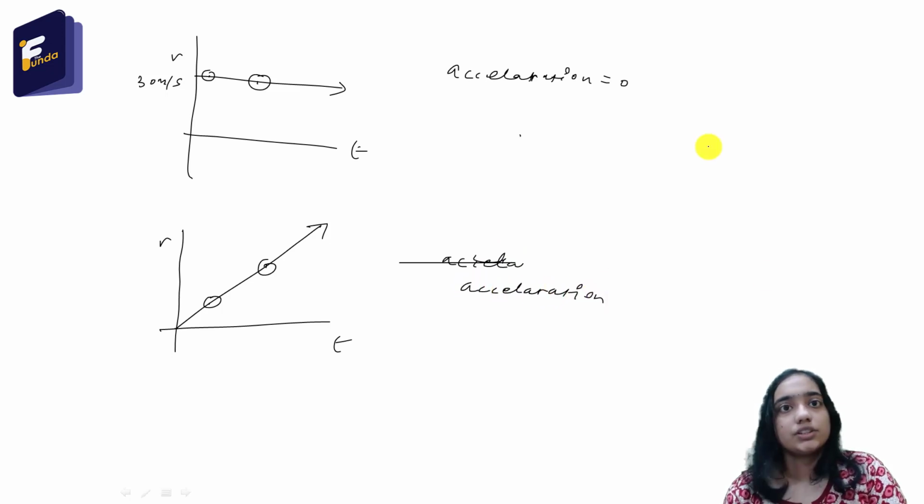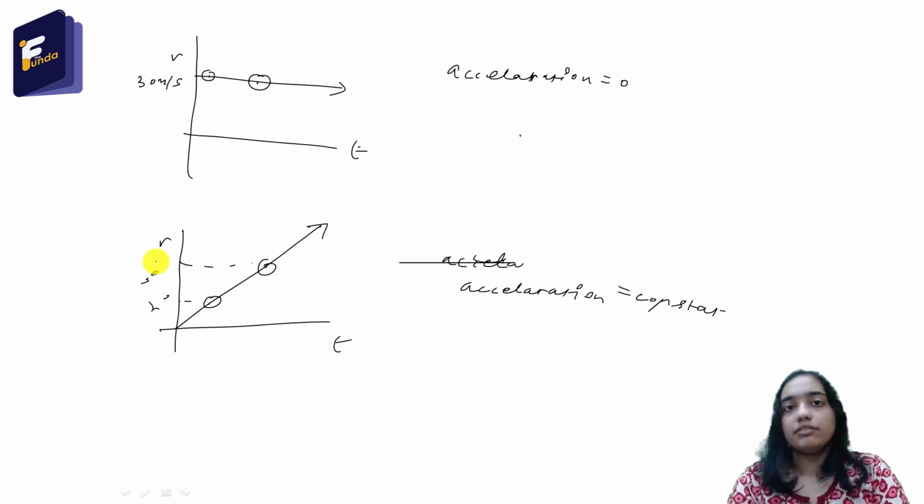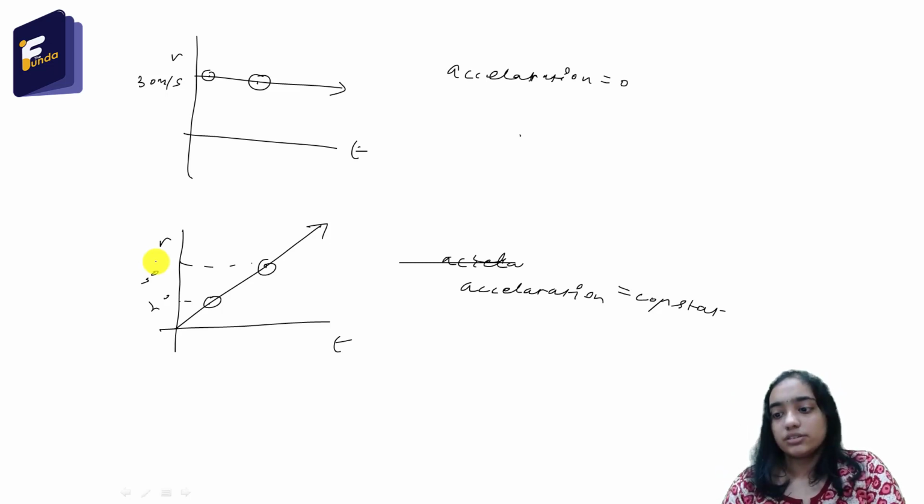In the first case, the acceleration is 0. Here, acceleration is constant, and the velocity is slowly increasing. So here, if the velocity is 20, here it will be 30. Like that, the velocity will increase. So if it is a straight line making some angle with the time axis, that means the acceleration is constant and the velocity is increasing. Simple. And what about this graph?